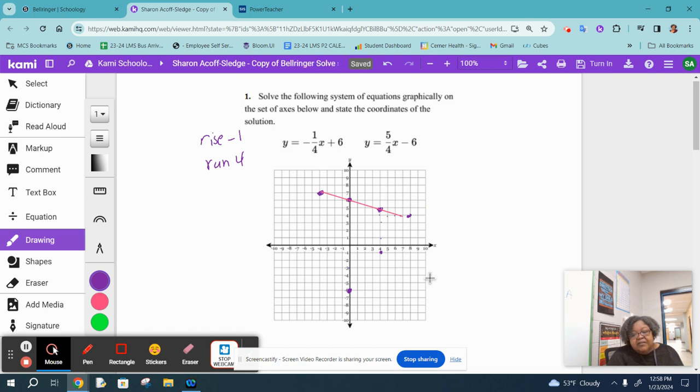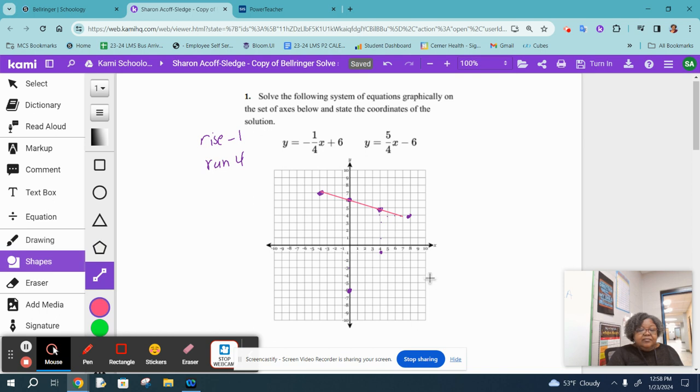It looks like I'm going to intersect right there. I'm going to draw my line a little longer so they can intersect.